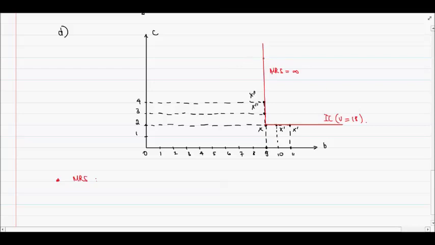So if we want to find the marginal rate of substitution, we move from one point to the other point on that curve.